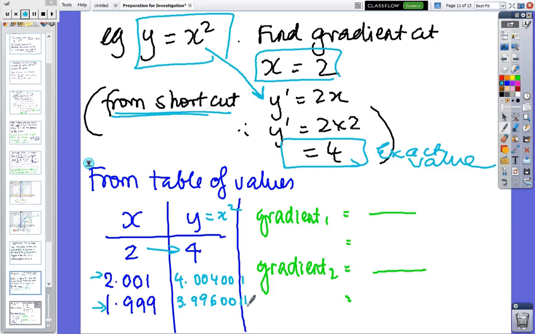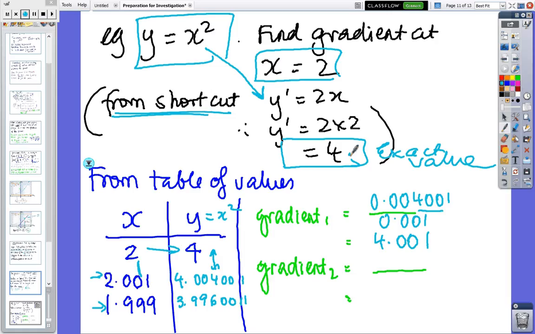The gradient is the difference between the values, so the change in y between those two values is 0.004001, and the difference between those numbers is 0.001, and then when you do that on your calculator you get 4.001, which is pretty close to 4.